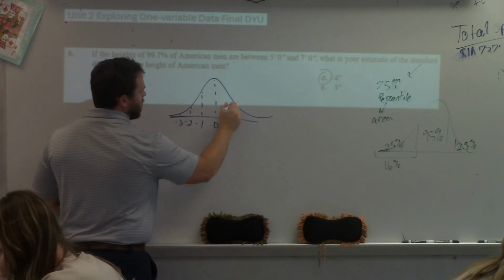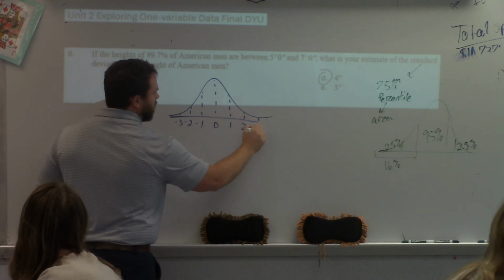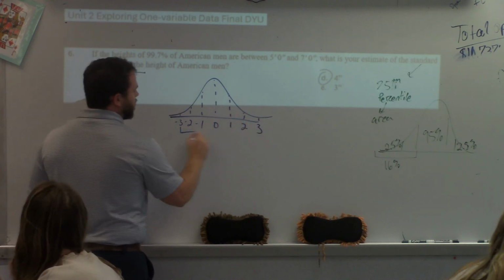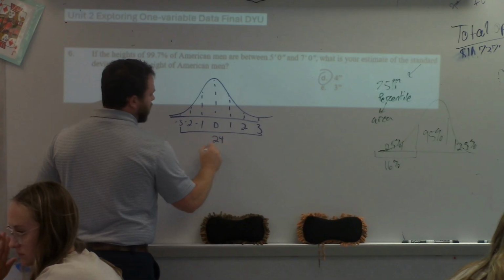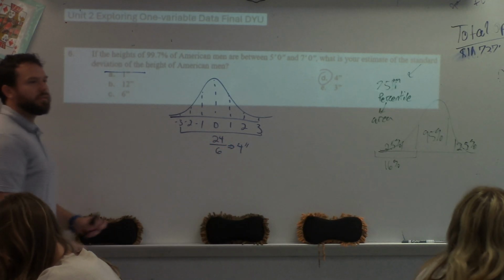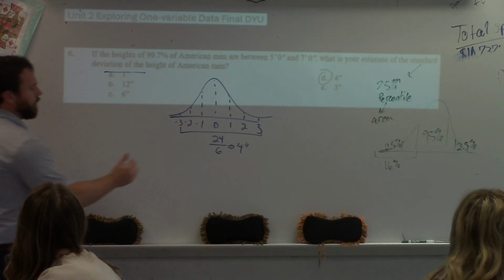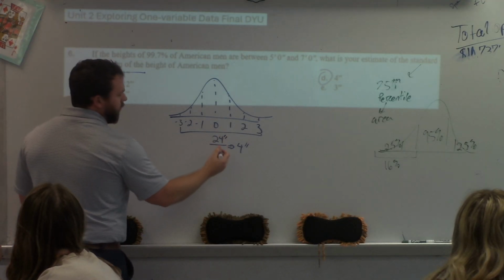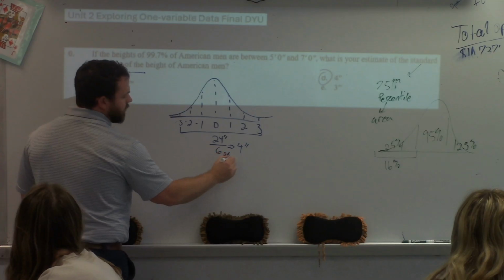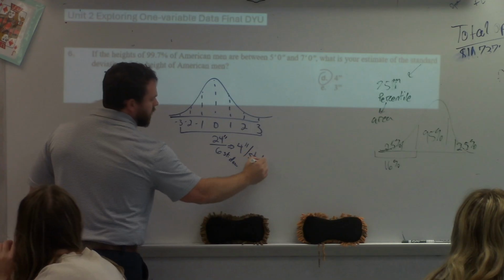So you take your 24 inches here, you split it over 6 regions, you're left with 4 inches per standard deviation, right? So that 24 inches for 6 standard deviations gives me 4 inches per standard deviation.